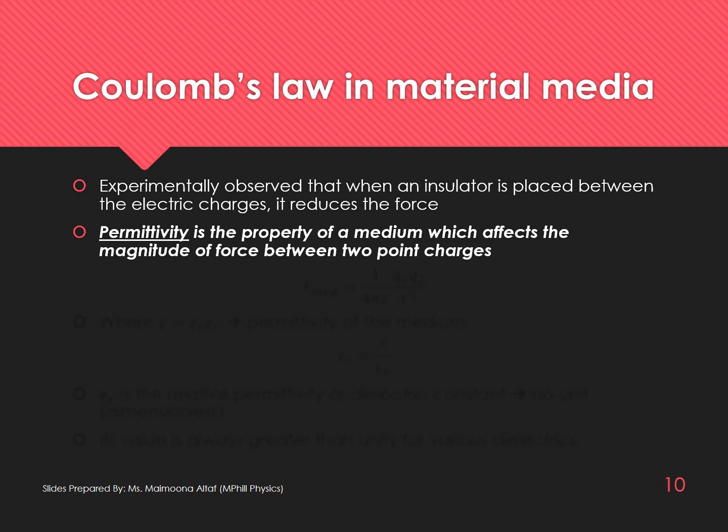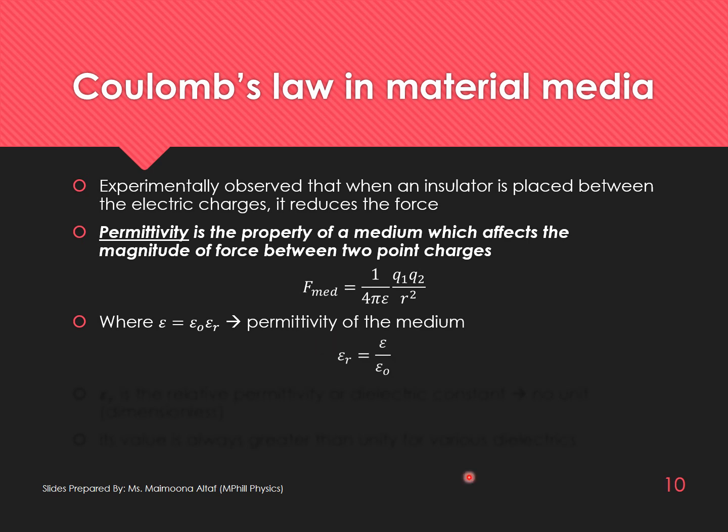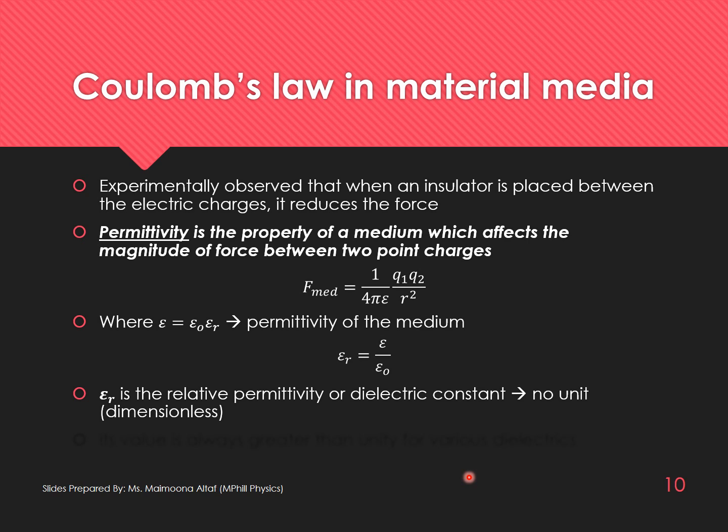two point charges. The force in the presence of the medium can be written as 1 over 4 pi epsilon q1 q2 over r square, where epsilon equals epsilon naught times epsilon r, and epsilon is the permittivity of the medium. Taking the ratio of the permittivity of the medium to the permittivity of free space, we get a constant which is named the relative permittivity, or the dielectric constant.